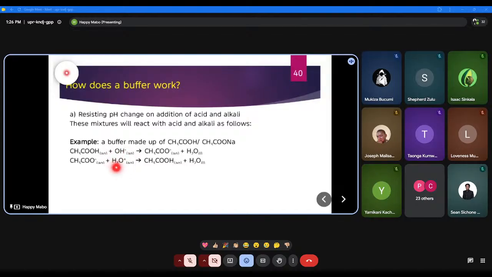Whenever these are present in solution, the acetate ions from the sodium acetate present in the buffer will interact with the hydronium ions and abstract protons from them to reform acetic acid molecules, which are just part of this system itself. Then you will have formation of water molecules, a neutralization kind of arrangement.